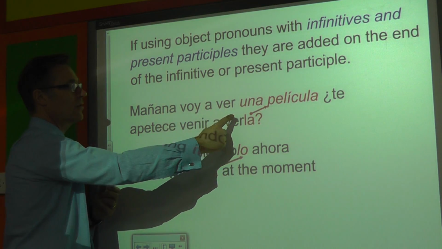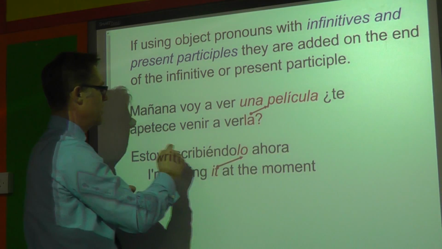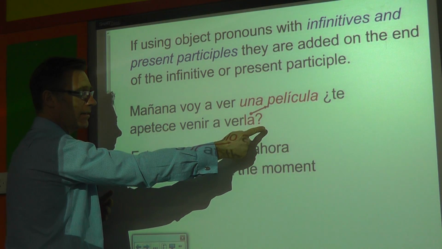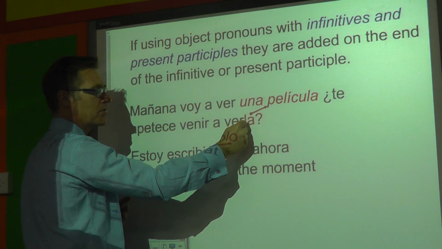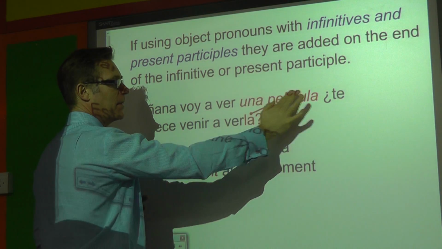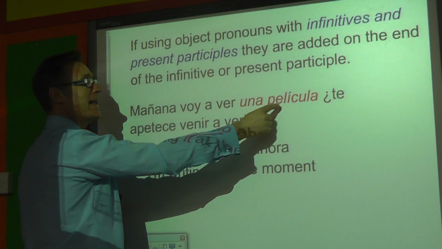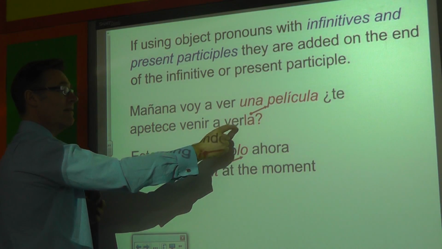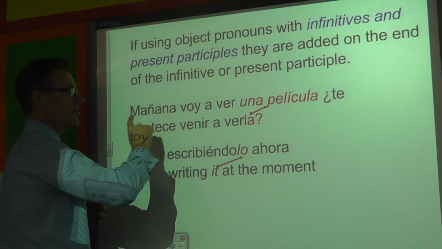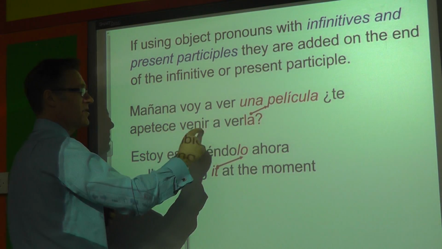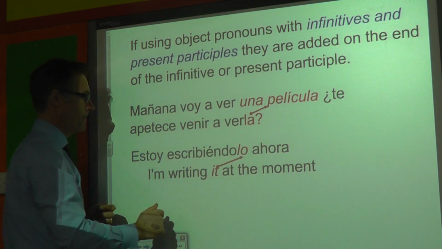Mañana voy a ver una película. ¿Te apetece venir a verla? So here's our direct object pronoun working to replace the noun. Tomorrow I'm going to see a film. Do you fancy coming along to watch it?